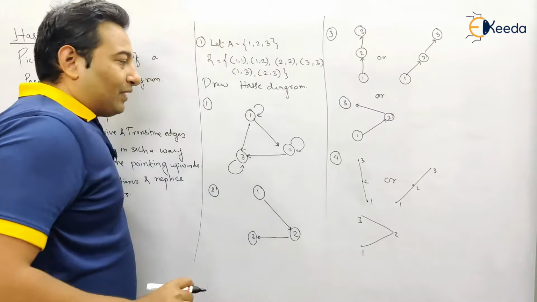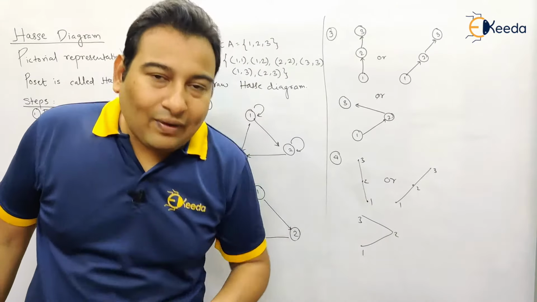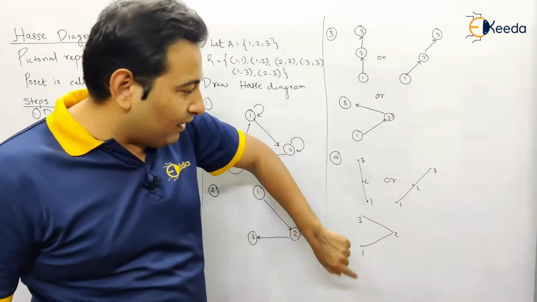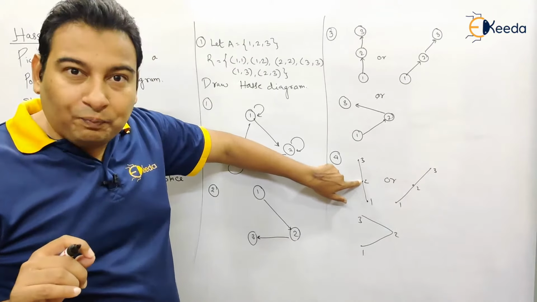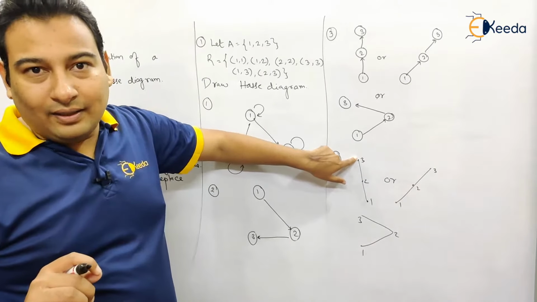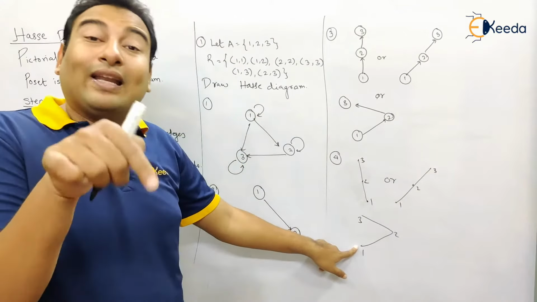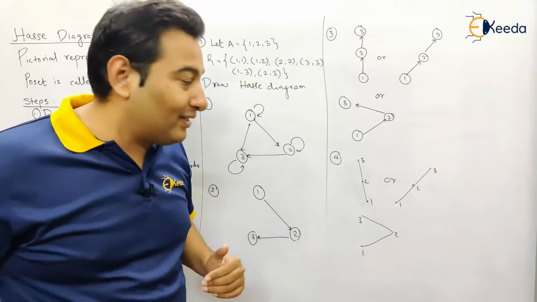After looking at a particular diagram, you should be able to identify from where to where there is a link. For example, by looking at this, you can clearly say the link is from 1 to 2 and from 2 to 3. By looking at this, you can say 1 to 2, 2 to 3. In fact, by looking at this also, you can identify the links, from 1 to 2, 2 to 3, because all the edges are pointing upwards.